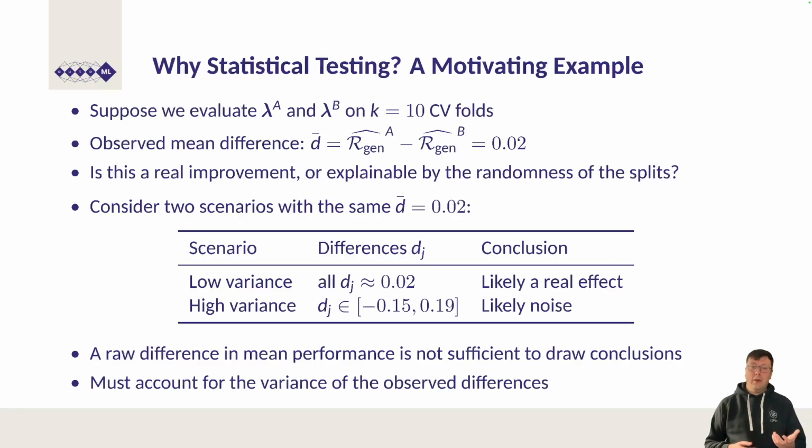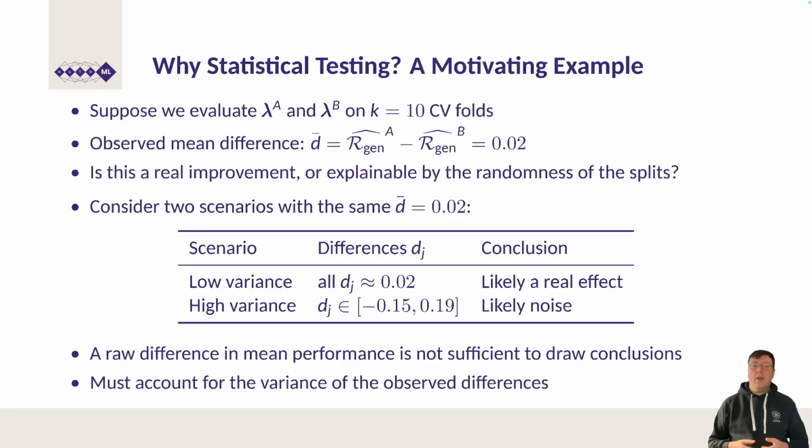In the first scenario, every fold gives a difference close to 0.02. The effect is consistent across all 10 folds, and it is plausible that a true underlying difference is driving it. In the second scenario, the individual differences range from minus 0.15 to plus 0.19. The mean happens to be 0.02, but the result is dominated by noise.